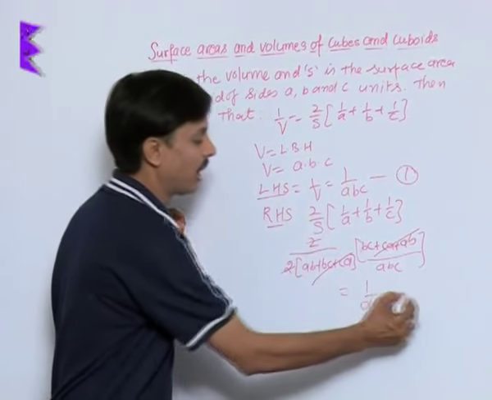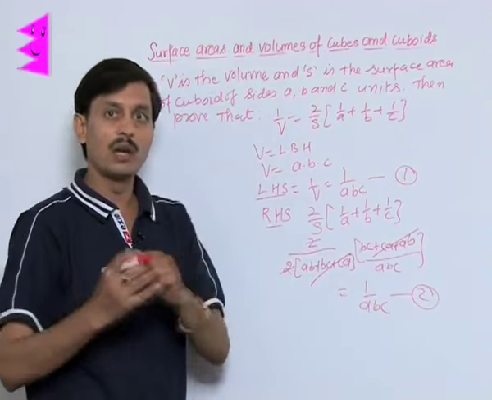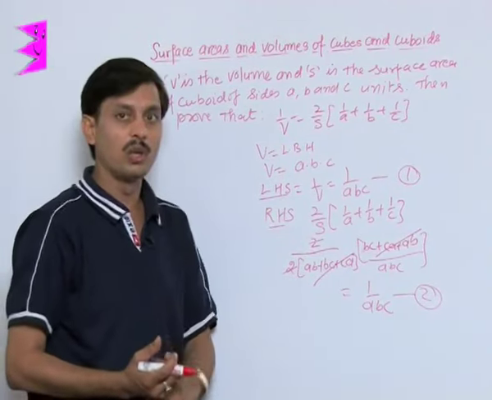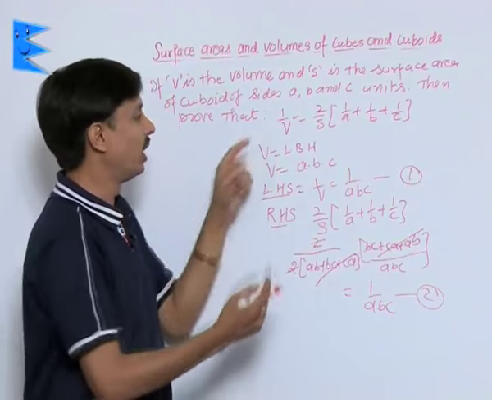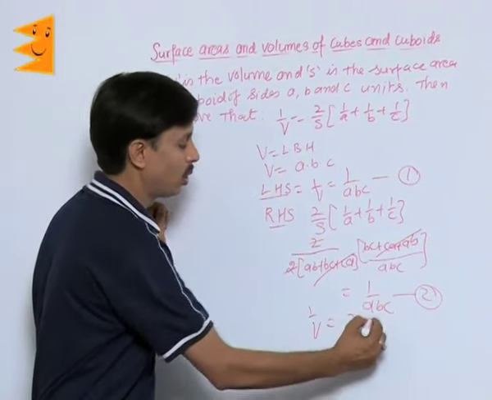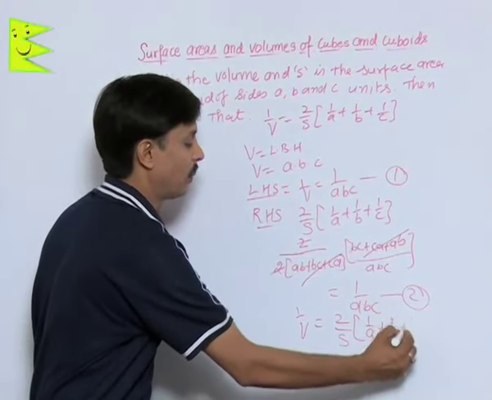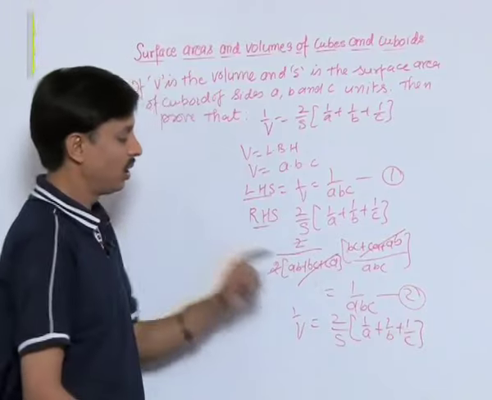The value of the right hand side is also showing 1 upon ABC. So what conclusion can we draw? For a cuboid having volume V, 1 upon V will be equal to 2 upon S times 1 upon length plus 1 upon breadth plus 1 upon height.